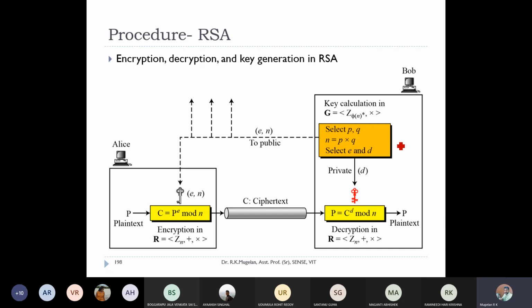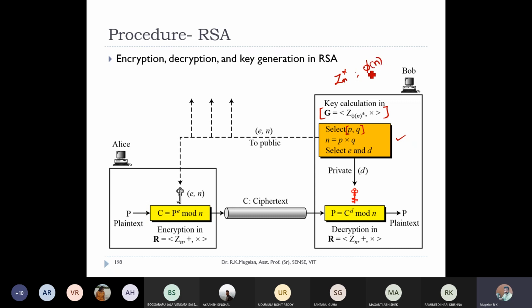In key generation, the first thing we do is select two prime numbers called P and Q. These two prime numbers should belong to a group, that is Z phi of n star. I hope everyone knows what Z n star is and what phi of n is.